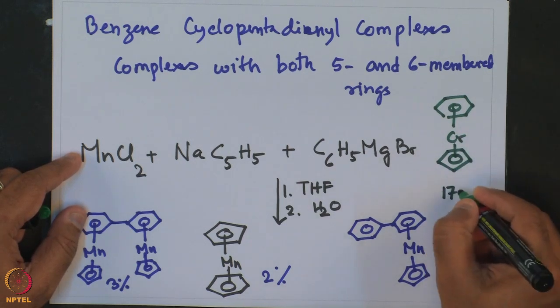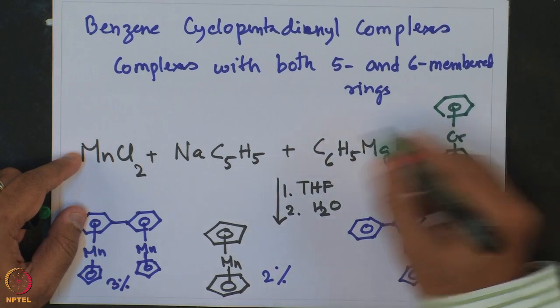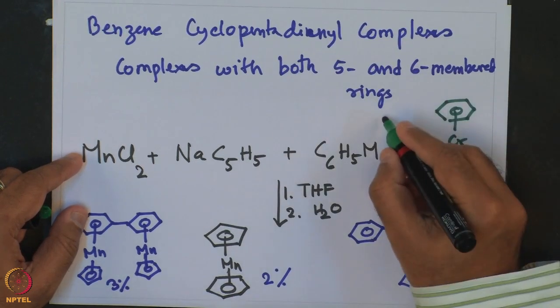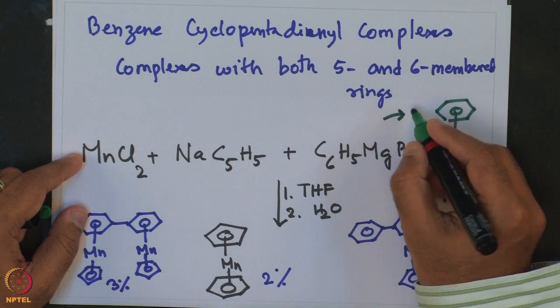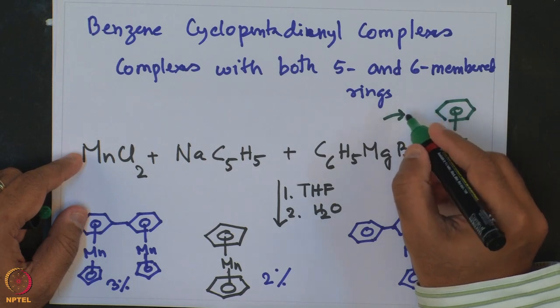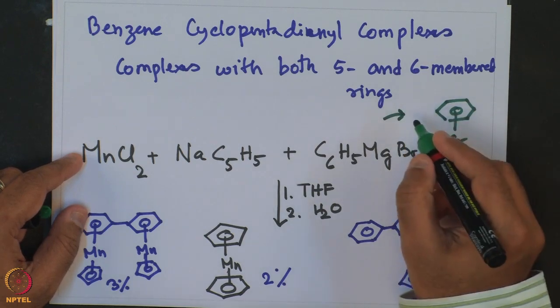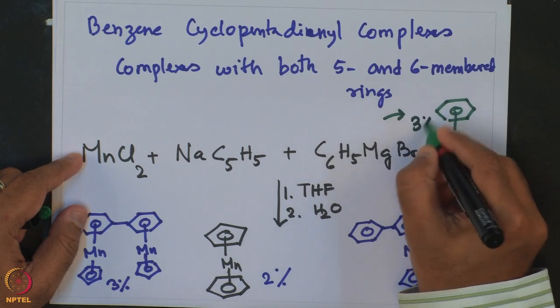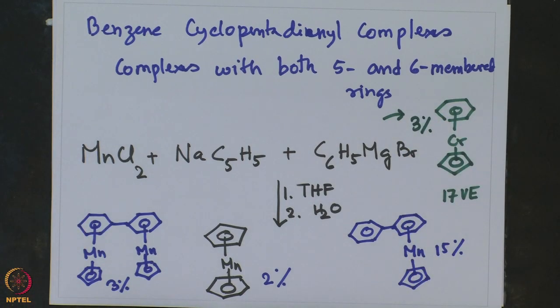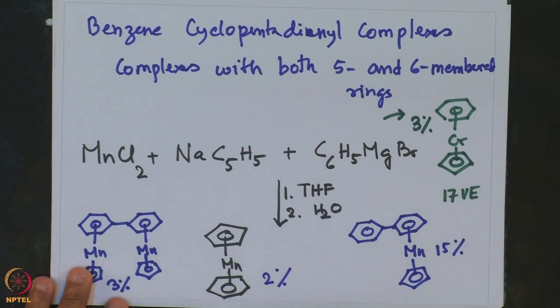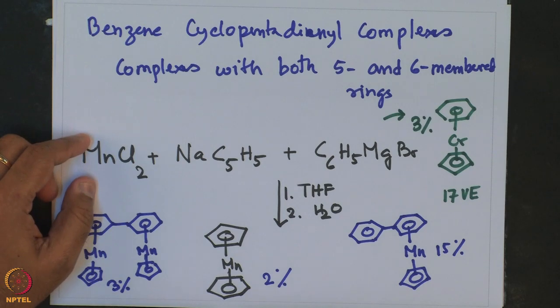This is a 17 valence electron compound, and by this method this is formed in only 3%. So, this method, even though it produces the desired compound, but what is evident from here that the yield of the reactions are indeed very little, which can be about 2 to 3%.